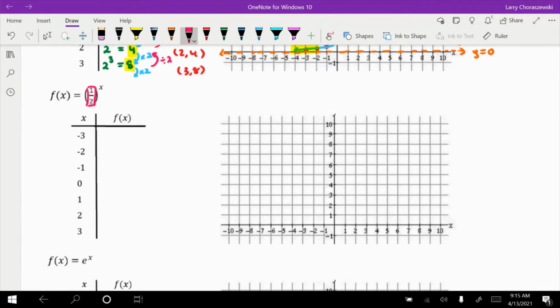So I'm going to give you folks an opportunity to come up with the y values for this table. And once you come up with the y values, see if you can plot the points and then connect them, much like we were doing with the last problem. All right. And in just a couple minutes, I'll flesh out my y values, and then we can compare notes with each other.